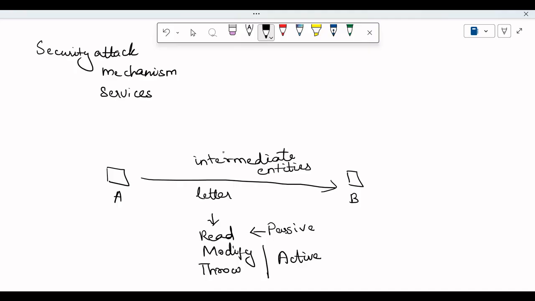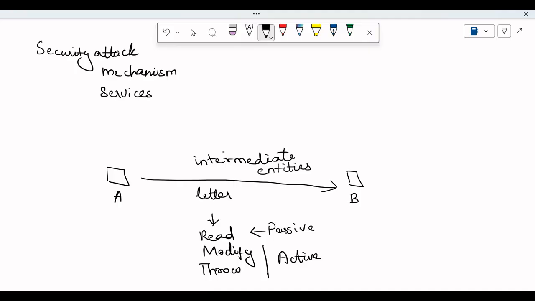Instead, only overhearing, eavesdropping and monitoring will be done. Whereas in the case of active attack, physical changes will be done to the data being transmitted. So a passive attack cannot be identified, whereas an active attack can be identified.